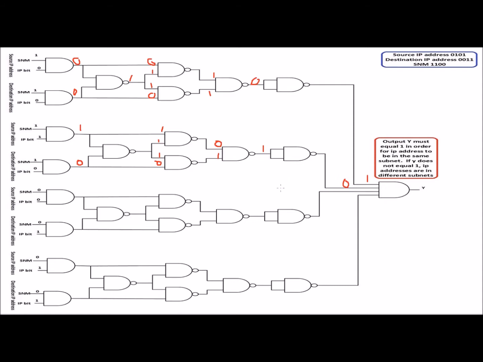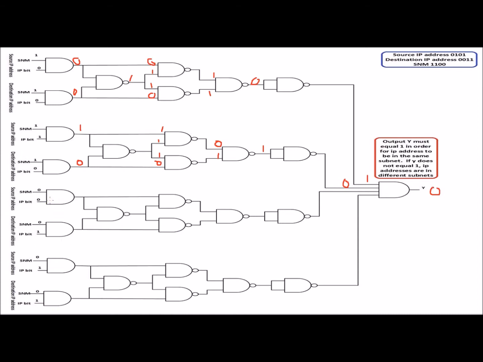Now, we already know that in order for this to be true on this side, the output, all of these have to be 1s. So just by looking at it, by process of inspection, we know that this output is going to be 0. No matter what these end up being, it's going to end up being a 0 here. So we don't even need to continue with these.